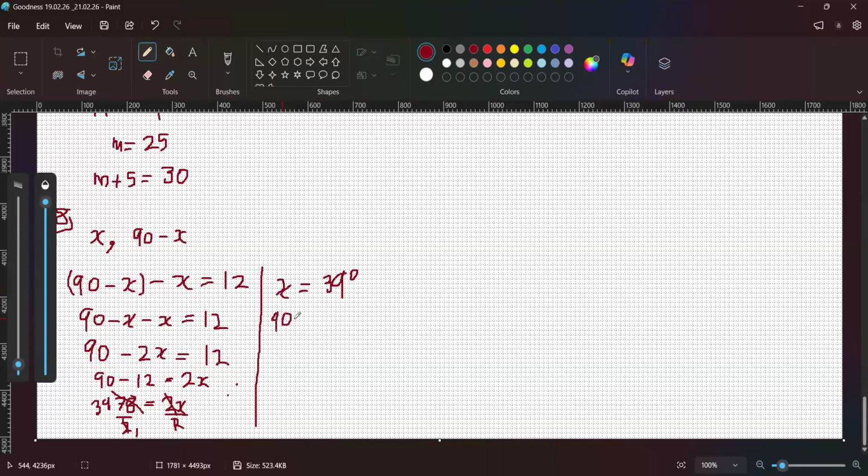That would be 51. 51 degrees. Okay, so that's it.